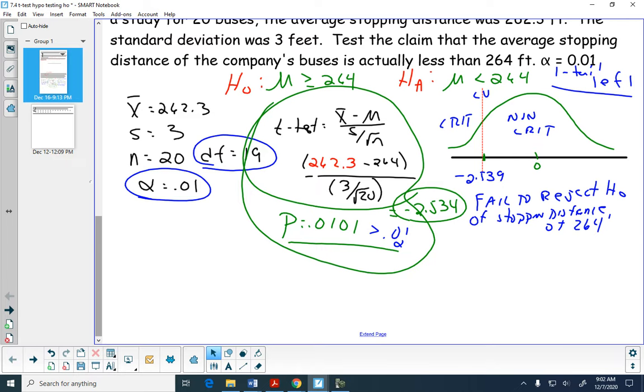We have two more sets of information to deal with. We have hypothesis testing for standard deviation. We also have a two-mean hypothesis testing that we have to go through. We might be able to get your final before break.